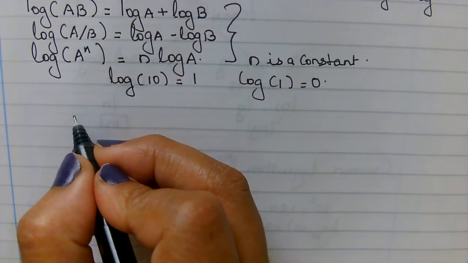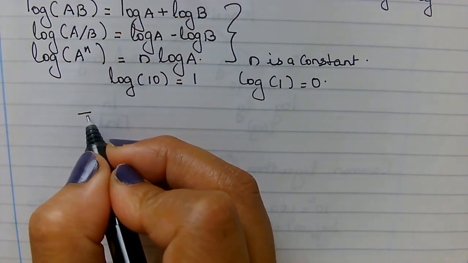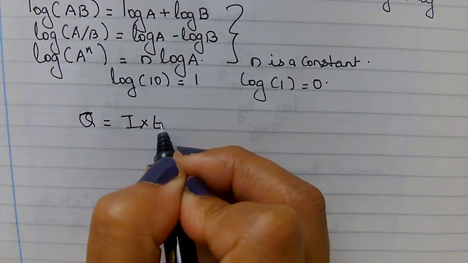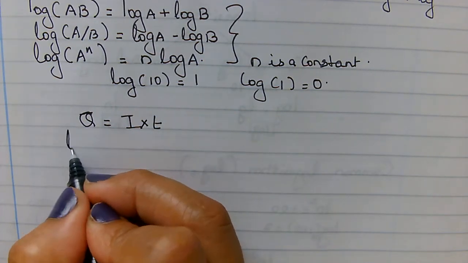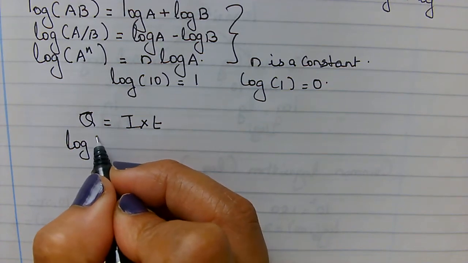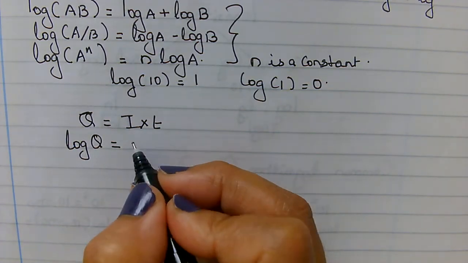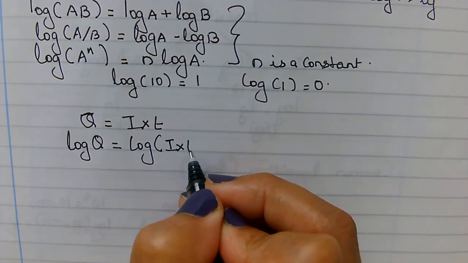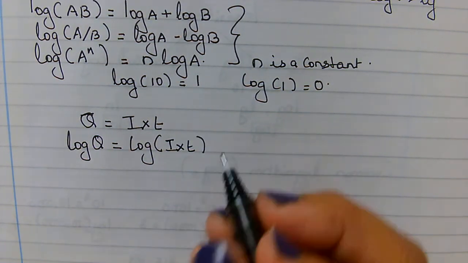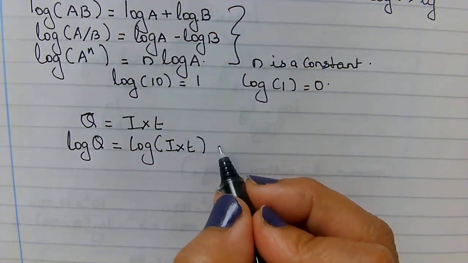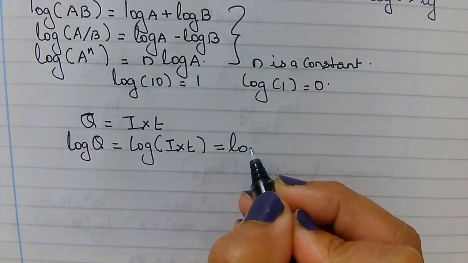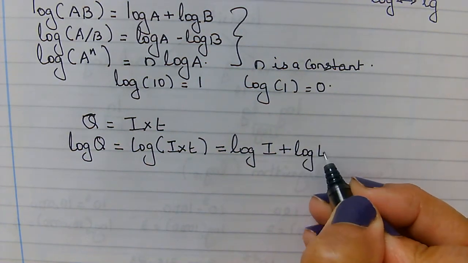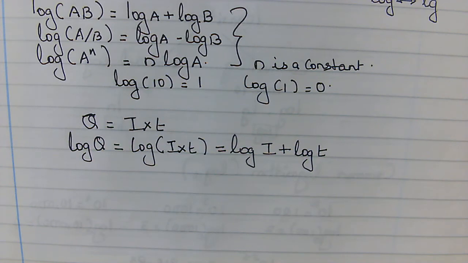So you know that in current electricity you have studied that charge is equal to current times time. Agreed? So if I'm taking the log of this, log Q is log of I times T. So if I apply the first rule here, that makes it log I plus log T. Okay?